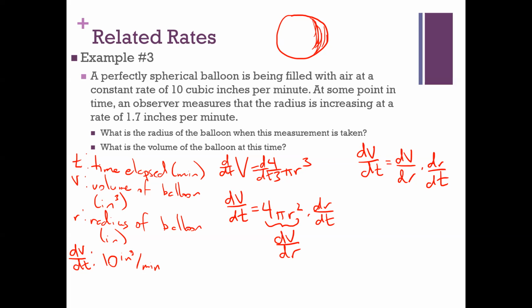Any questions there? All right, what did I ask we wanted to solve for? Yeah, so we want to solve for r, right? Do we know what dV/dt is? Yeah, it's 10, right? 10 equals 4 pi times r squared. Do I know what dr/dt is? Yes, 1.7.